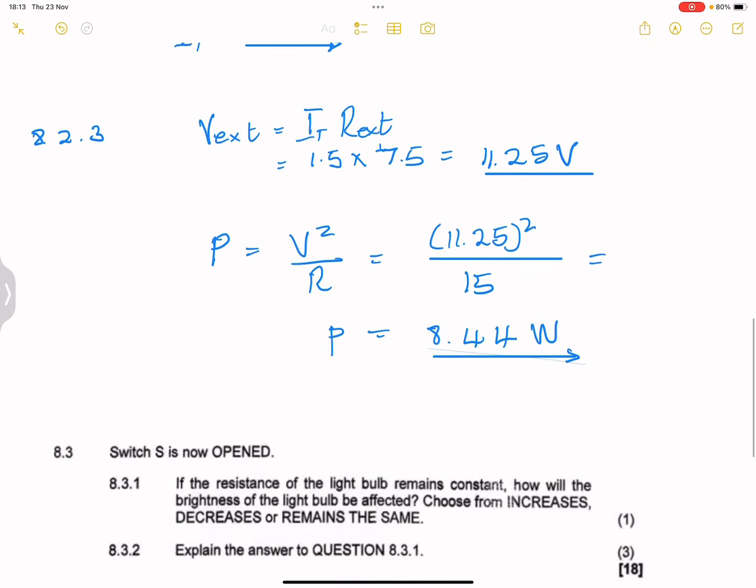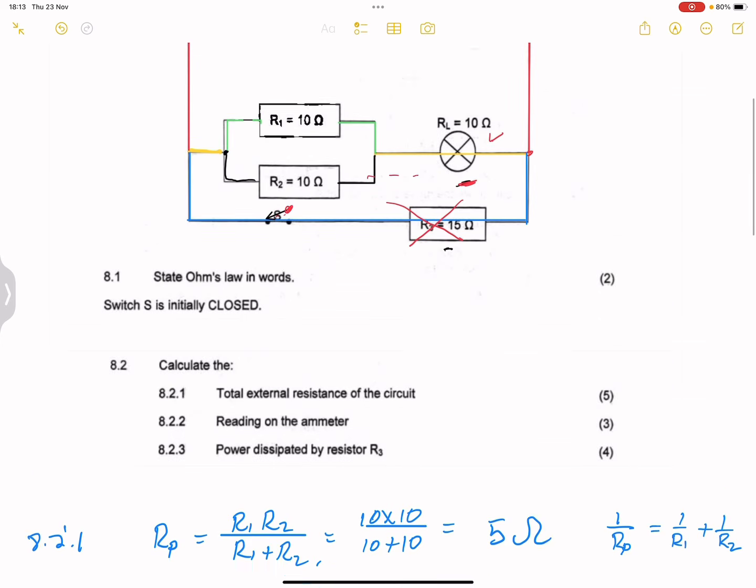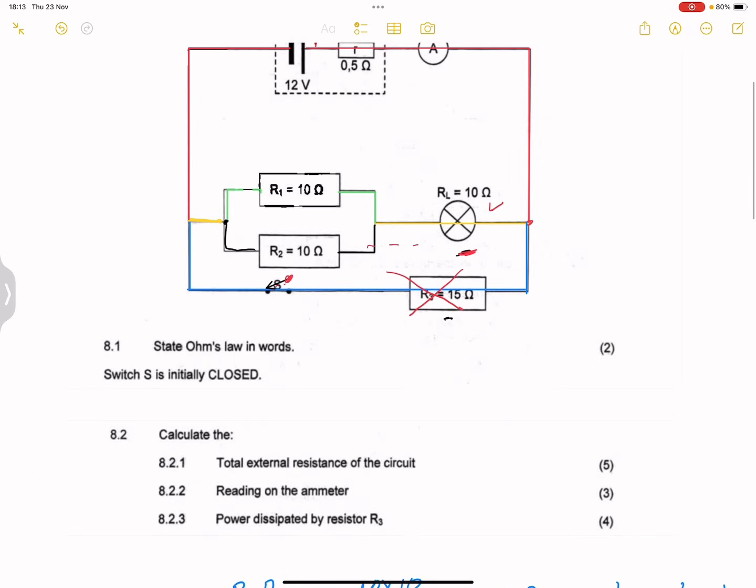Right, now they wanted to know, they say if the resistance of the light bulb remains constant, how will the brightness of the light bulb be affected? Remember, the light bulb is RL, okay? So now we want to see what happens to the current that was passing through there.